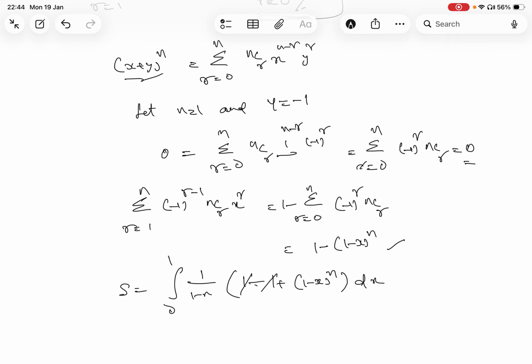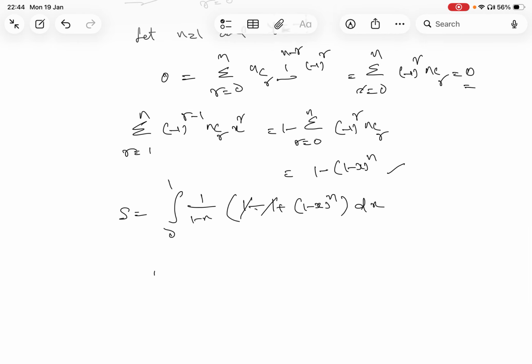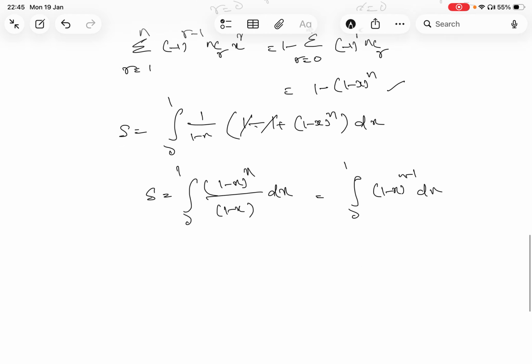So the 1 and minus 1 get cancelled and you are left with S equal to the integral from 0 to 1 of (1 minus x) whole power n by 1 minus x into dx. This becomes the integral from 0 to 1 of (1 minus x) whole power n minus 1 into dx.